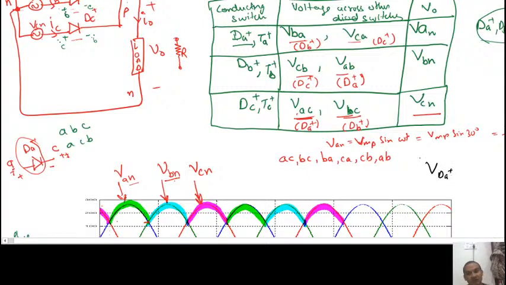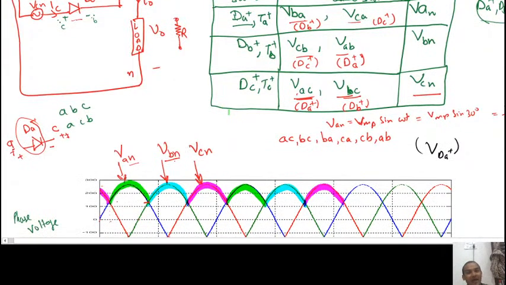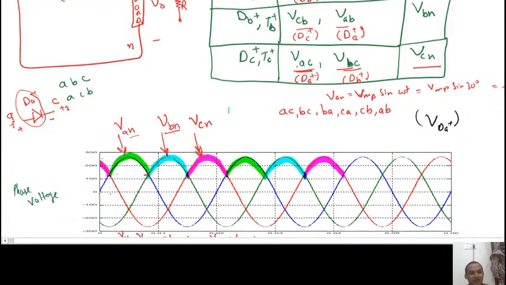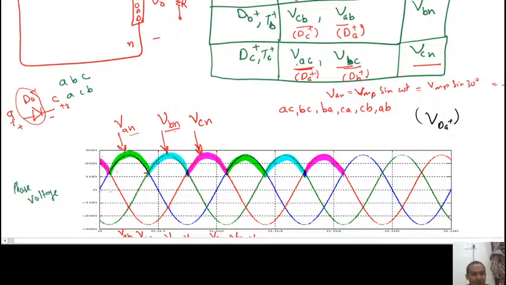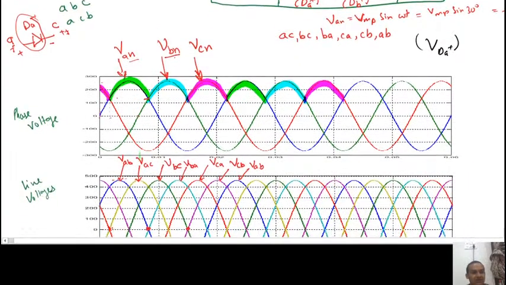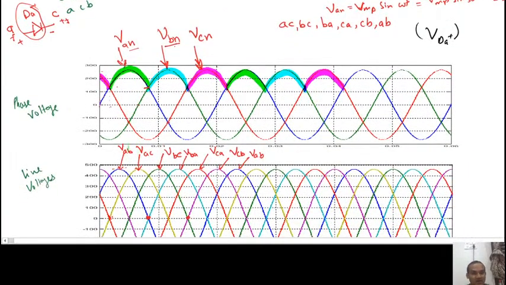Voltage across DA means when the switch is conducting, the voltage across DA will be 0, and when the switch is reverse biased, the voltage across DA will be whatever it is. Let me see at what instant A was off and at what instant A was on. A was on from 30 to 120 degrees, which I marked in green, when the AC voltage was there.